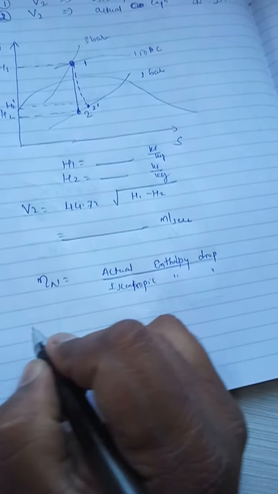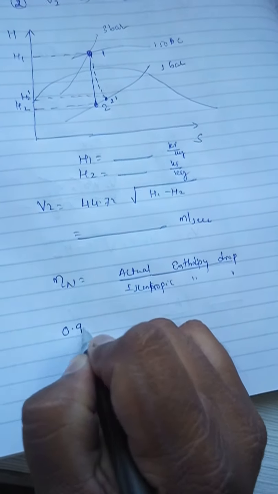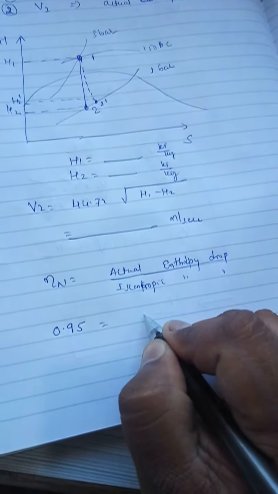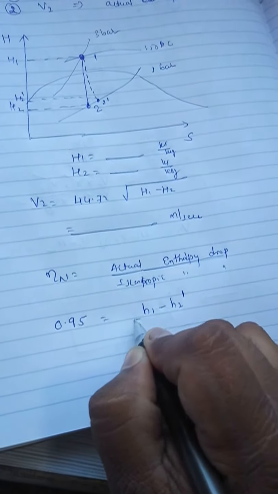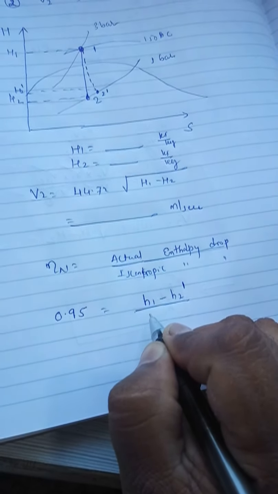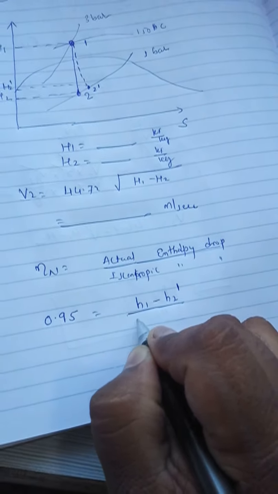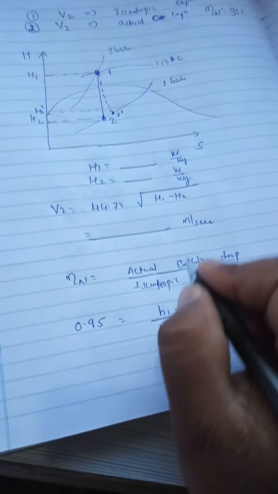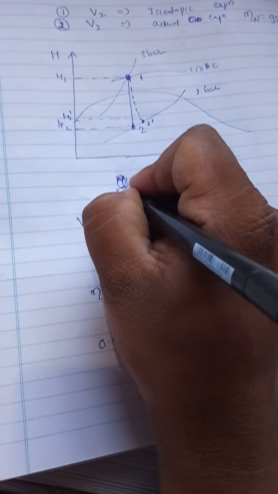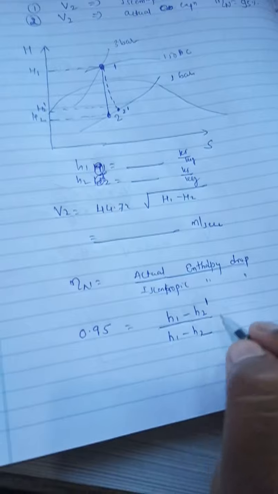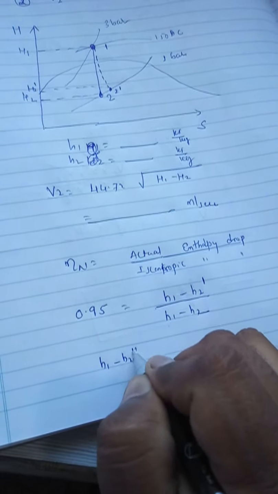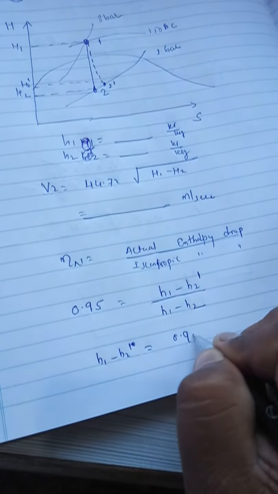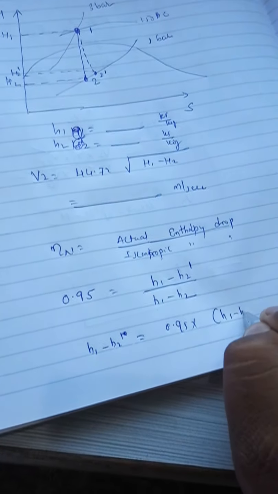Now he has given you efficiency 0.95. So actual enthalpy drop is how much? H1 minus H2 dash, and this one is H1 minus H2. These values you already know. I can take this as small h1 and h2. So h1 minus h2 dash is equal to 0.95 into h1 minus h2.